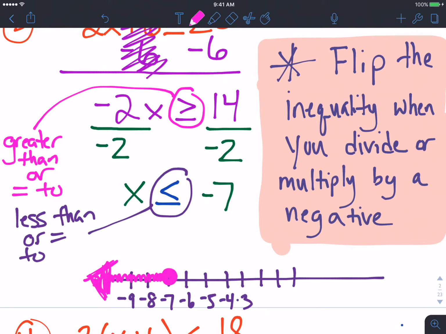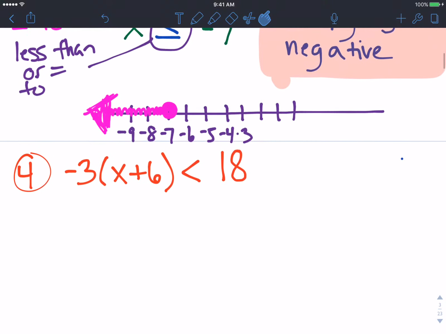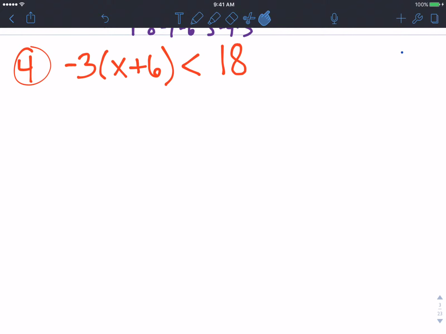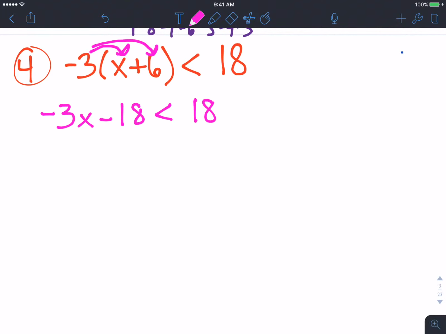Take a look at one more example. Here, let's start out by distributing. So we got negative 3x minus 18 is less than 18.